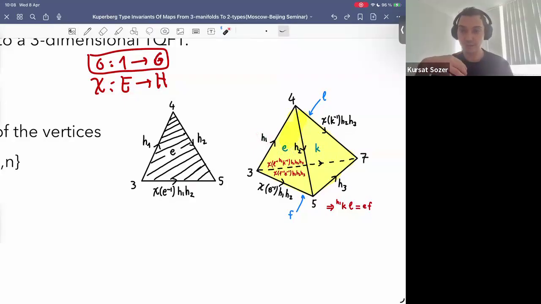These are all compatible with respect to orientation. And in this case, we have four E labels, E, K, F, and L. They need to satisfy this condition because their boundary is, remember, a tetrahedron.